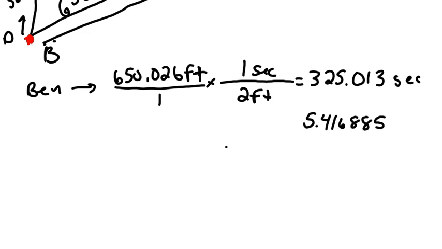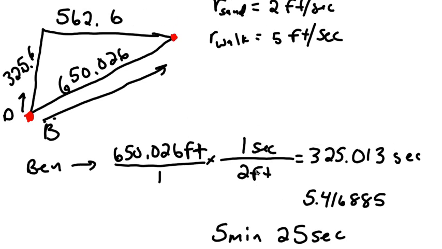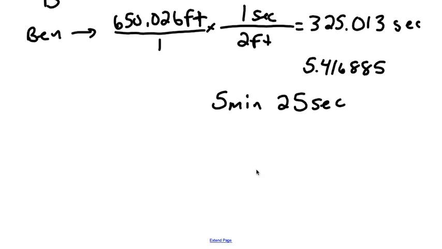So we know that it is 5 minutes, and when you convert that decimal 0.41688 back into seconds, you end up getting approximately 25 seconds. So it's going to take Ben almost 5.5 minutes, 5 minutes 25 seconds, to walk in the sand all the way there.